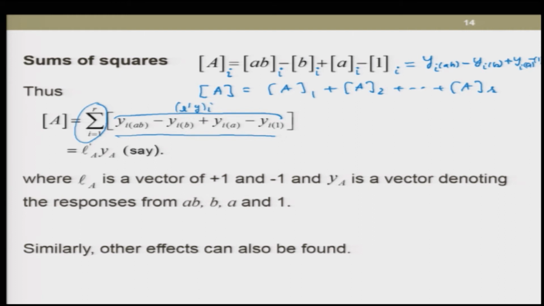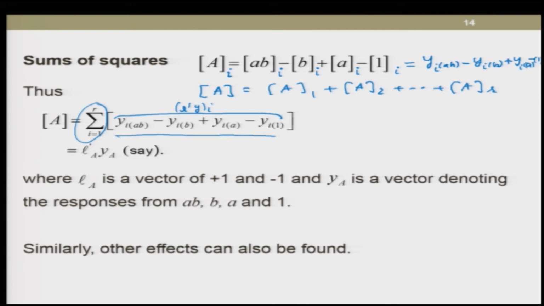And we already have discussed that this L is going to be a vector comprising of 2 plus 1s and 2 minus 1s. And now this thing is going to be repeated again and again, and whatever is the outcome is again going to be a linear combination. Why? Because a linear combination of linear combinations is also a linear combination.